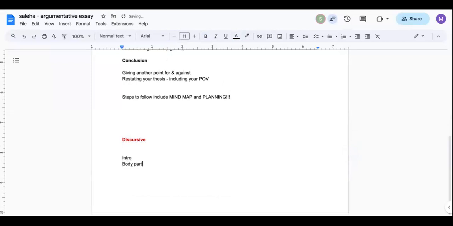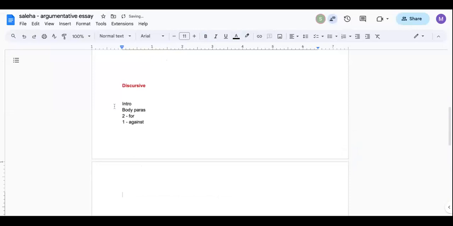Now your body paras are different in the sense that, let's say if you're giving 2 for, then 2 against, then 1 against. But this shouldn't give a side away, so it's better to go with 6 paragraphs and then you should go with your conclusion.